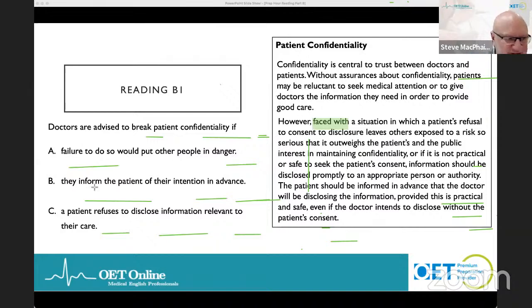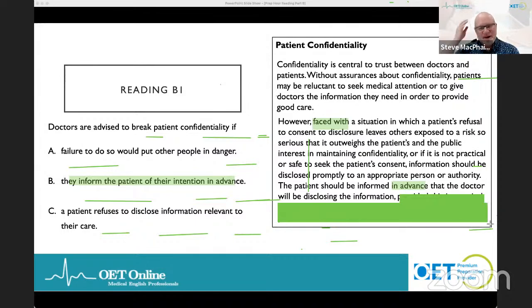All right. It says here, they can break confidentiality if they inform the patient in advance. So we can match "in advance," but we have to read the whole sentence. There is a word match. The patient should be informed in advance that the doctor will be disclosing the information.